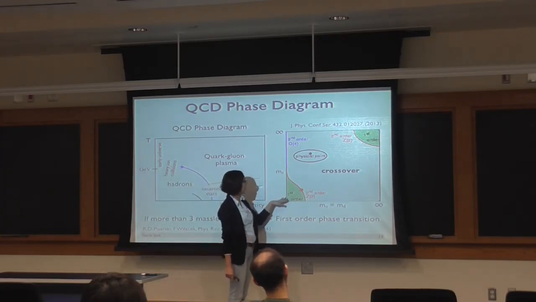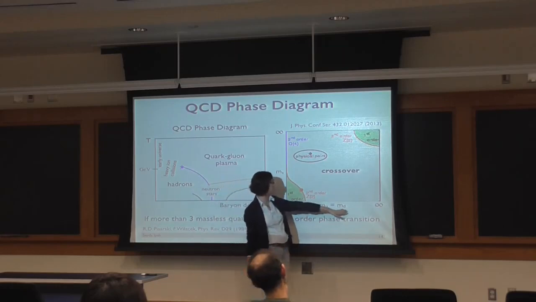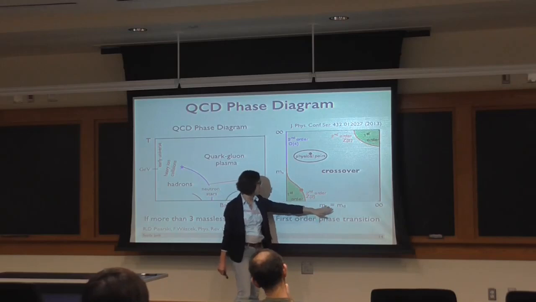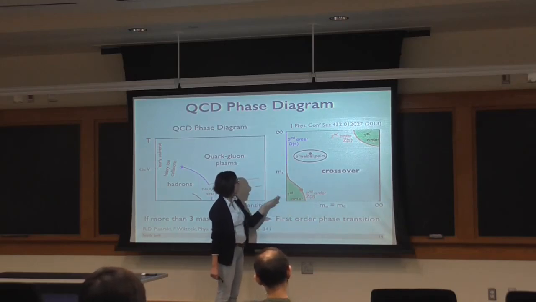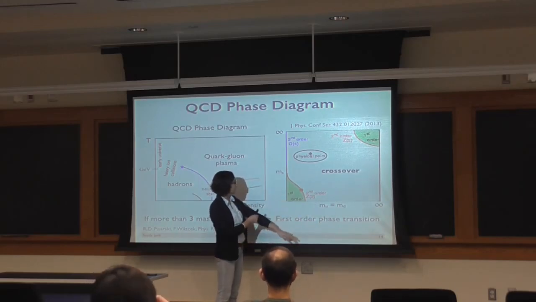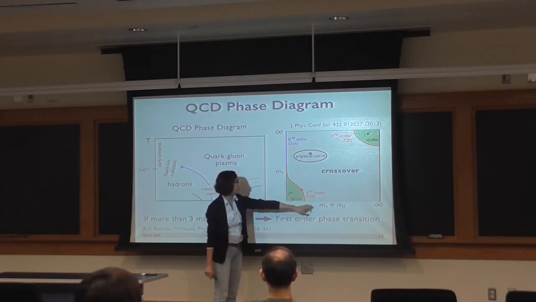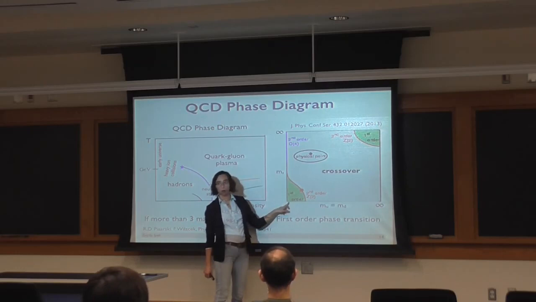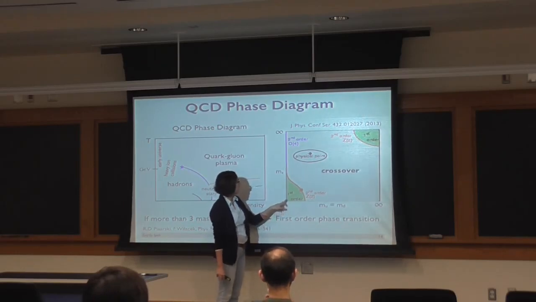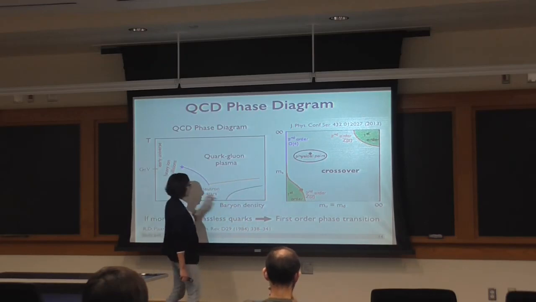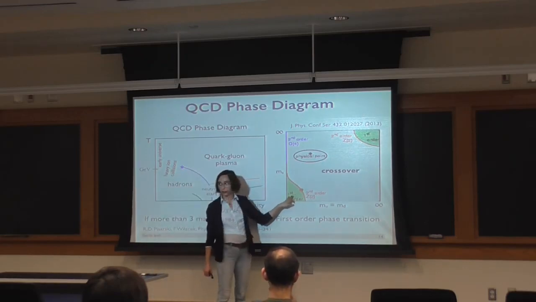This is another phase diagram. The x-axis is up and down quark masses, presumed to be equal, and the strange quark mass. This is not from lattice; this is more or less theoretical arguments. If the quarks are very light, meaning light compared to the QCD scale, or the scale where the transition happens, you expect a first order phase transition.